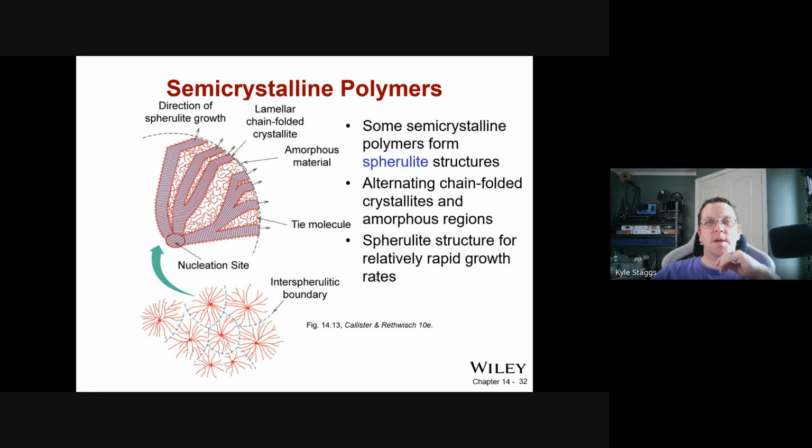You have some kind of nucleation site, typically not going to be a perfect sphere, in fact very often not going to be. So there's amorphous material in between the directed spherulite growth. These are some representatives of what those regions might look like.